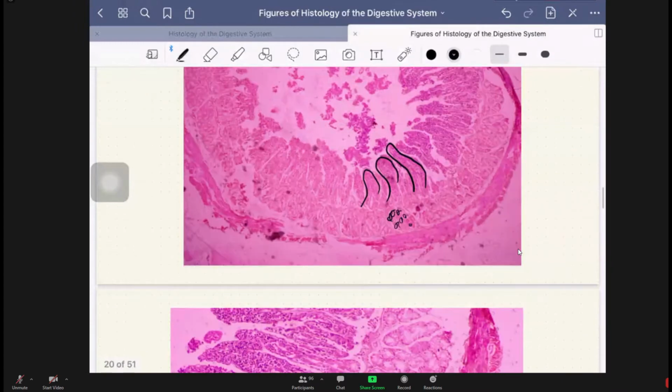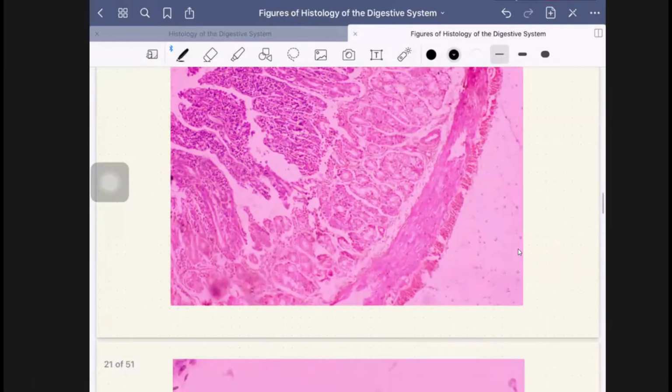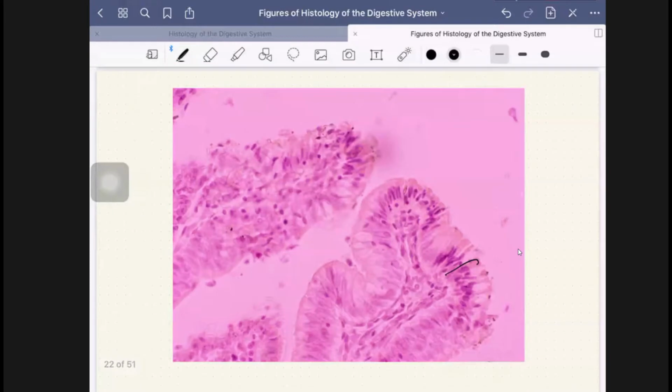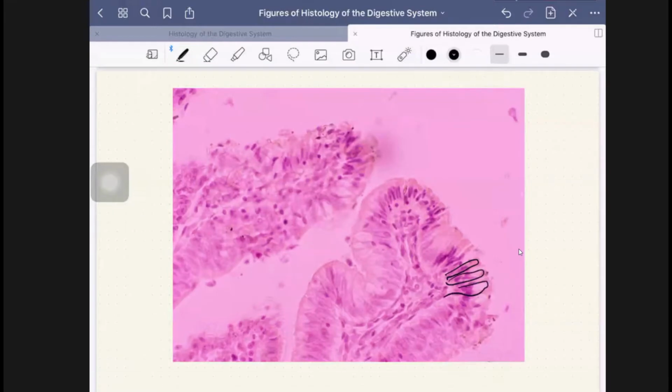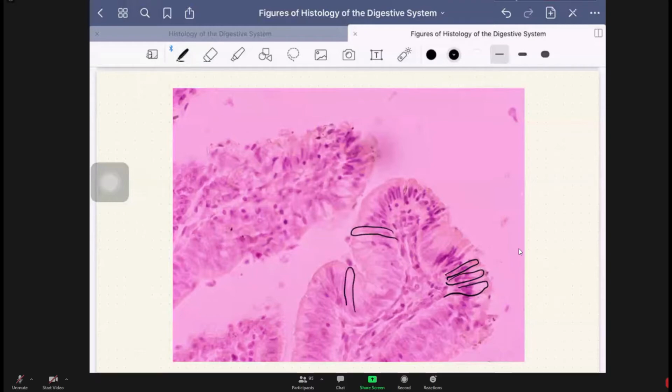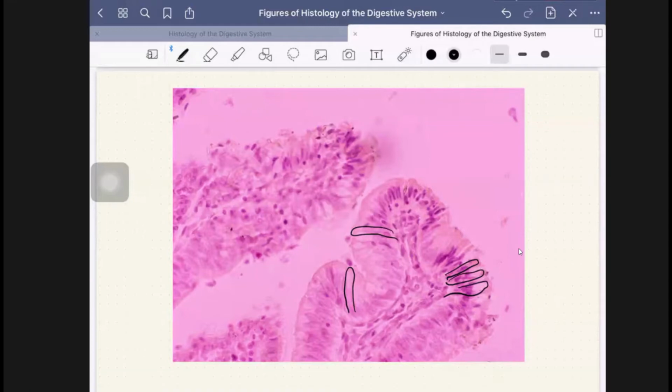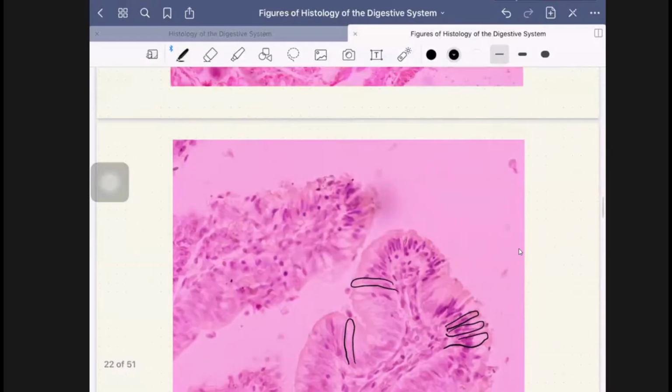If you zoom in here, the lining epithelium is simple columnar epithelium. So the lining epithelium and the features of the submucous layer, these two are the main identification points of the duodenum.